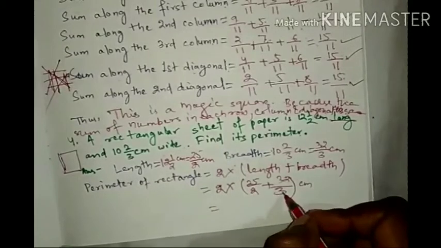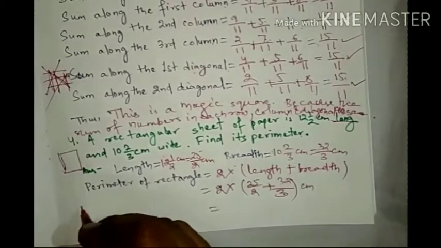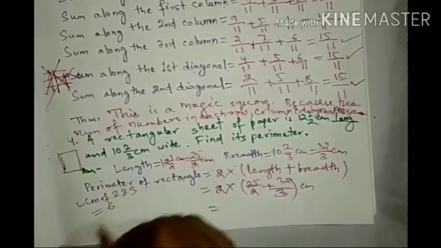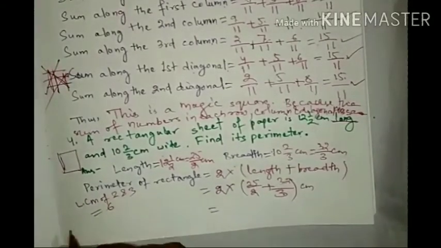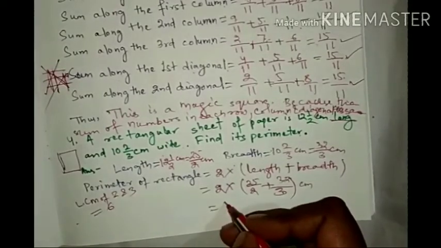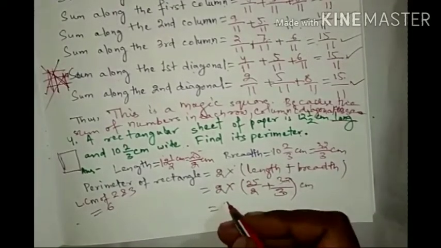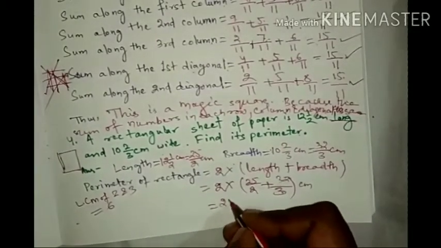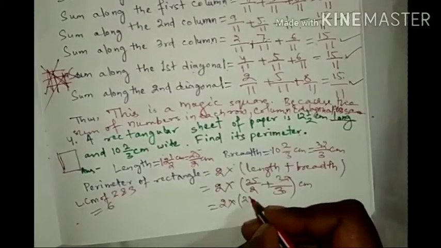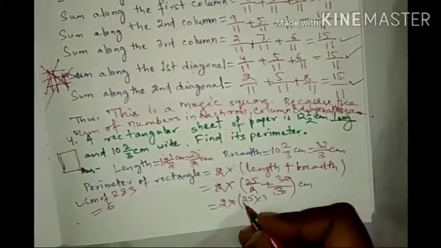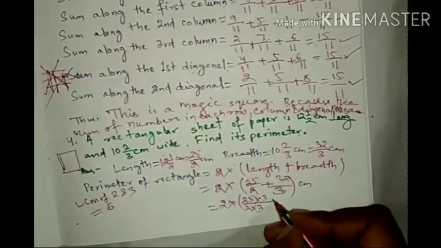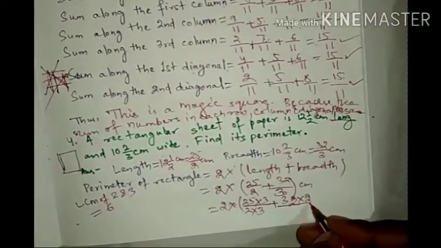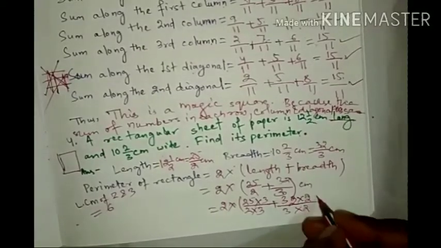So 3 and 2 are there. The denominators are different, which means we have to convert into like fractions. So the LCM of 2 and 3 is 6, 2 into 3. Convert it into like fractions: 2 into 25 into 3 over 2 into 3, plus 32 into 2 over 3 into 2.